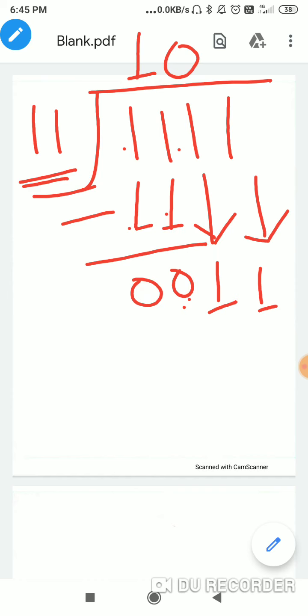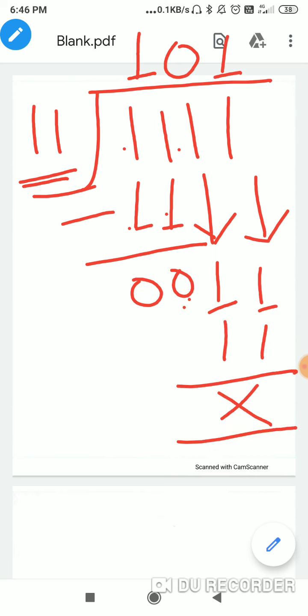So now it is 11, and this is the required answer. Whenever you divide 1111 by 11, it becomes 101.